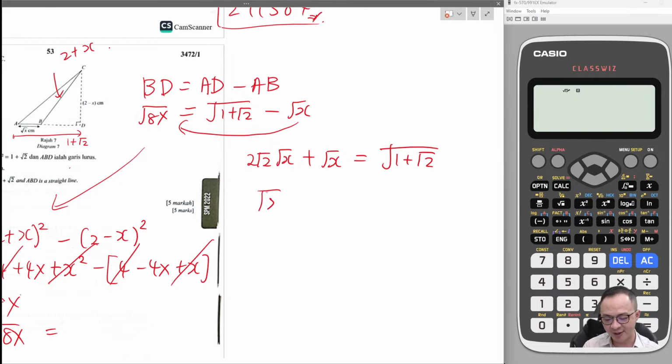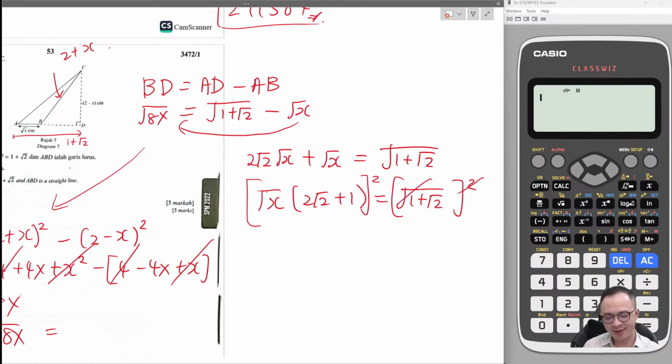If I take out the root x, here I should get 2 root 2 plus 1. Then what I will do here is maybe I will square both sides. I square here. I square here. Why this question so hard one? This is 1 plus root 2. If I square here, I should get x. And then this is 2 root 2 plus 1 squared.